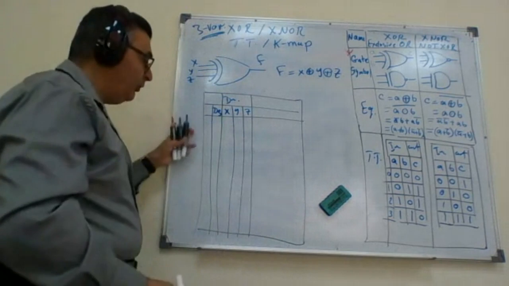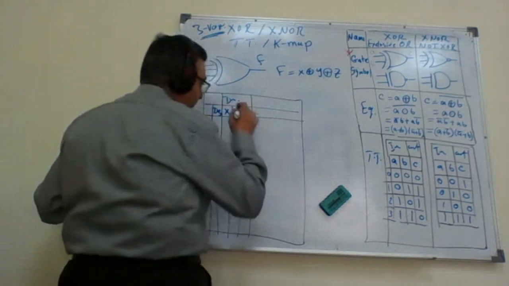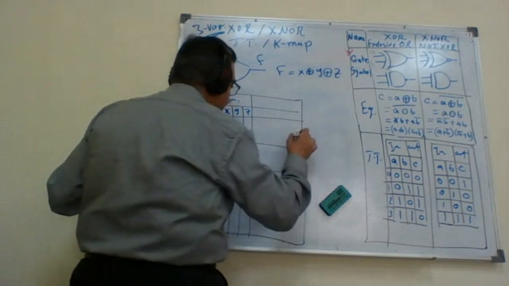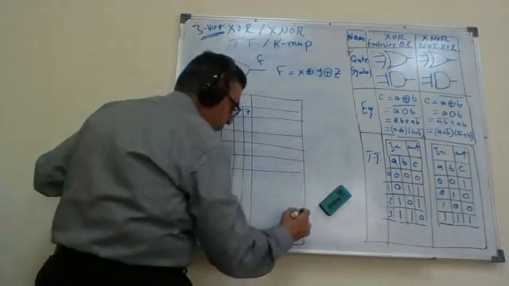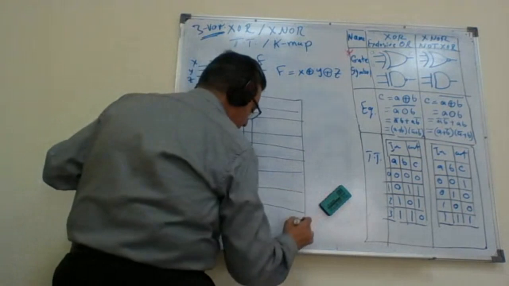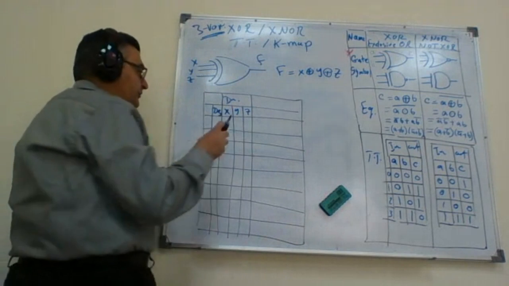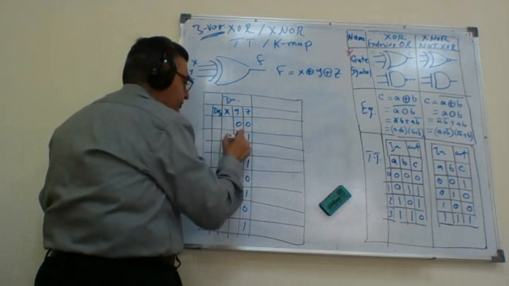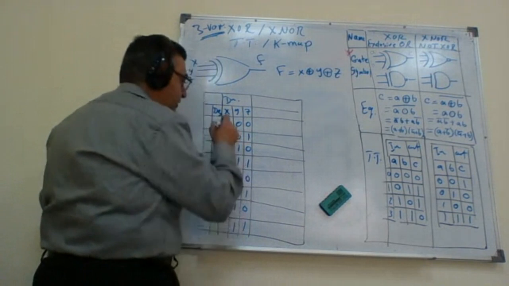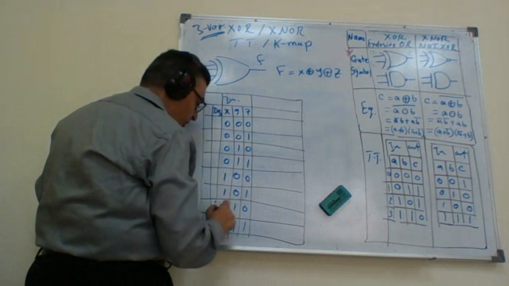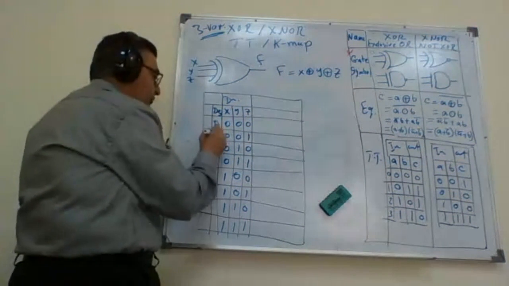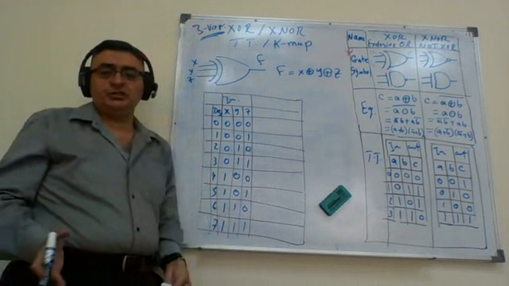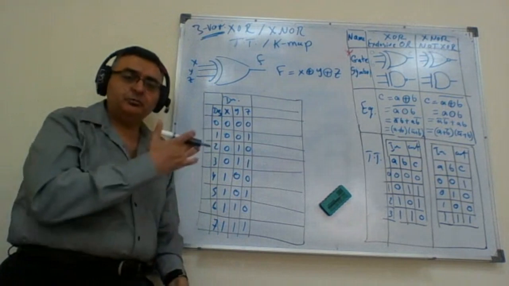First of all, how many rows do I have? 3 inputs means 2 to the power 3, so I have 8 different rows. Can I fill in the TT? Yes, for sure. 0, 1, 0, 1, 0, 1, 0, 1; 0, 0, 1, 1, 0, 0, 1, 1; 0, 0, 0, 0, 1, 1, 1, 1. The designator is 0, 1, 2, 3, 4, 5, 6, and 7. None of this information is new. We already learned how to do that even from chapter 2.